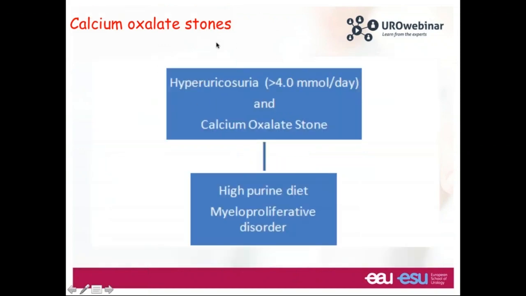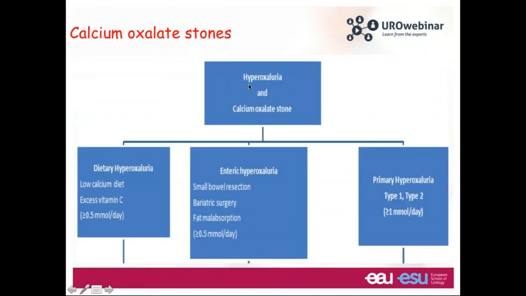If your patient has a calcium oxalate stone and he is hyperuricosuric, then he may eat a lot of protein, or he may have a problem with his blood, let's say, a myeloproliferative disorder. If you have hyperoxaluria, 3 different types: the dietary in adults, enteric, like a small bowel resection, and of course the congenital, the primary hyperoxaluria.